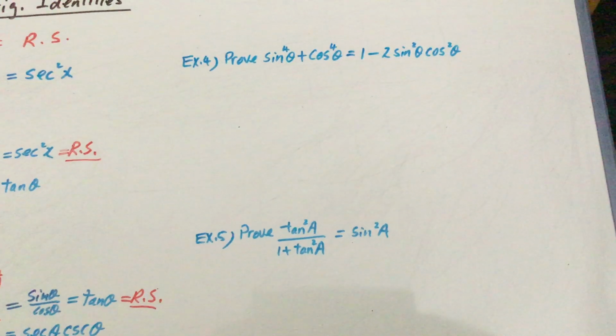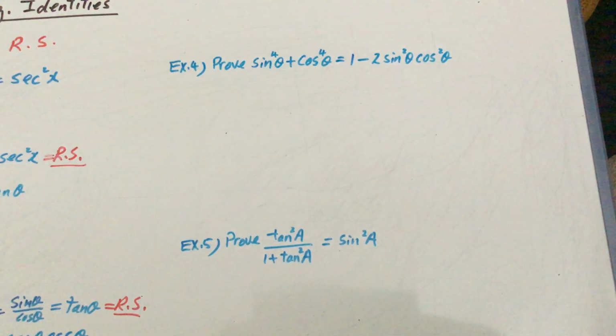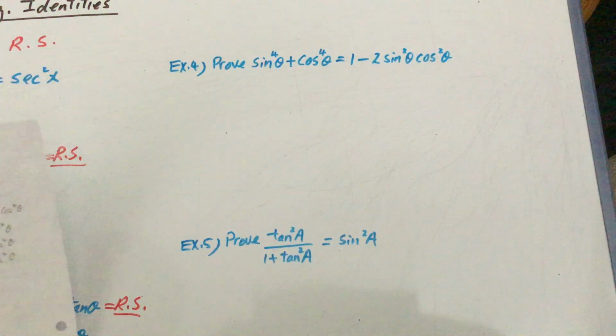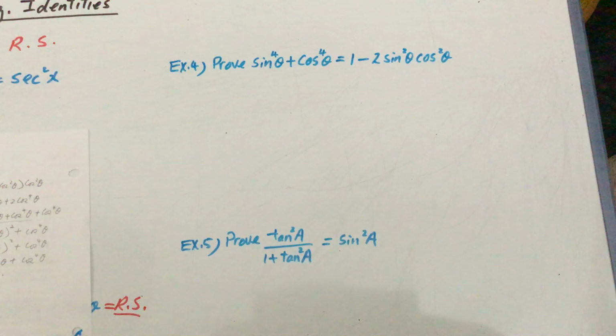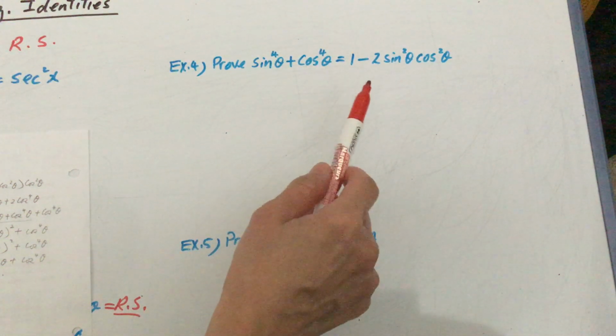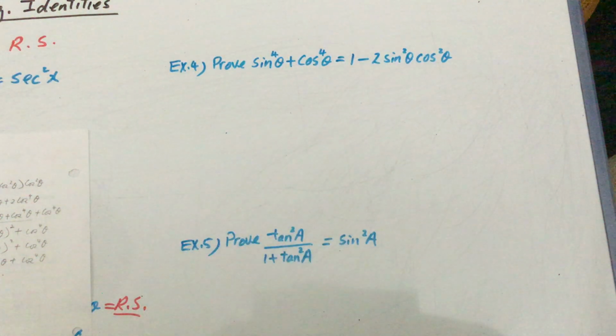Okay, moving on to our example number 4. Now you're proving something that is a little bit more complicated. You have sine to the 4th theta plus cos to the 4th theta equal to 1 minus 2 sine squared theta cos squared theta.